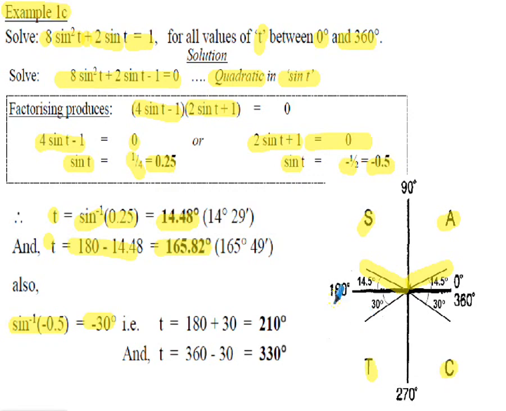So I will get 180 plus 30 degrees will be another solution of t, so 210 degrees, and I will get 360 degrees take away 30 degrees, the final solution of t, 330 degrees. Right, so there are my 4 solutions, again 2 associated with the positive ratio value, the positive 0.25 ratio value, and 2 associated with the minus 0.5 ratio, the minus 30 degree value.